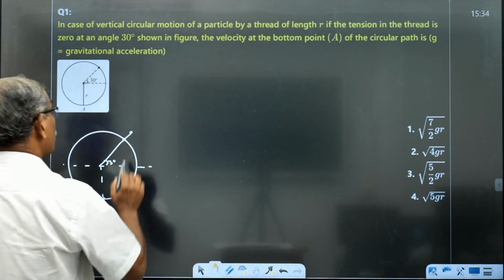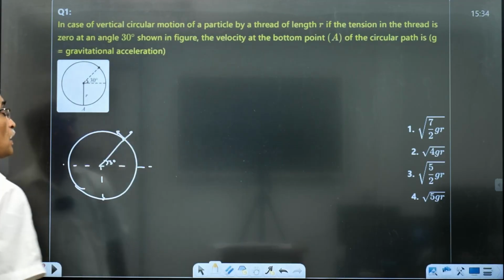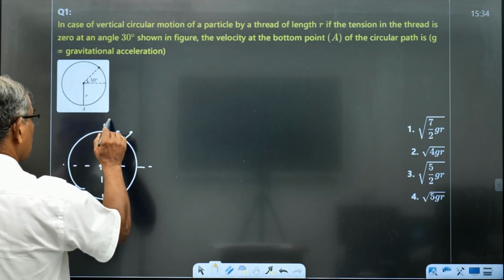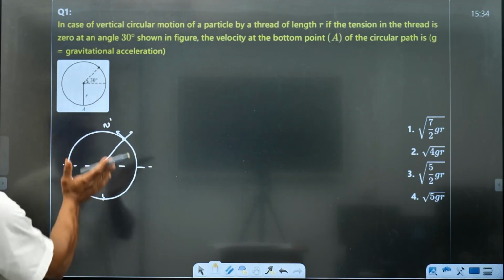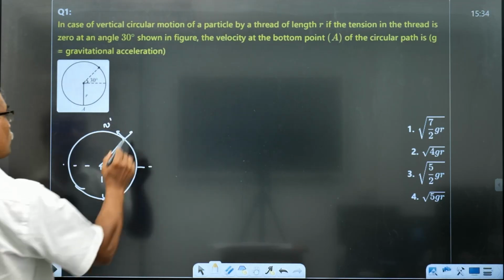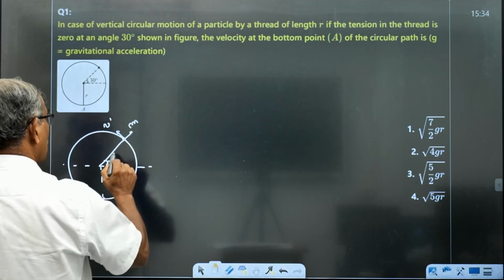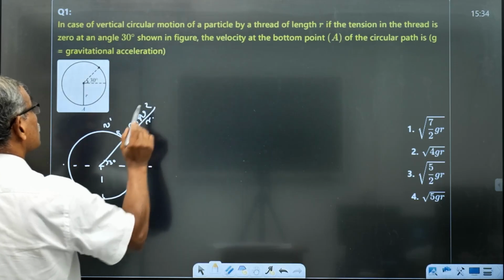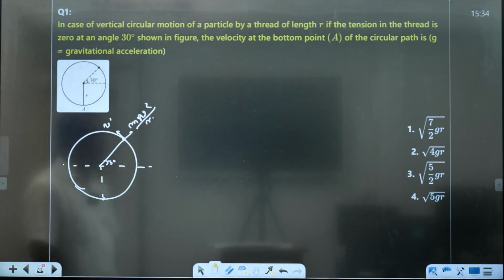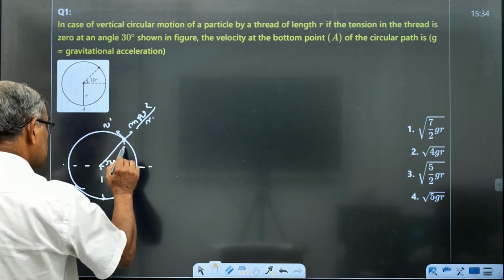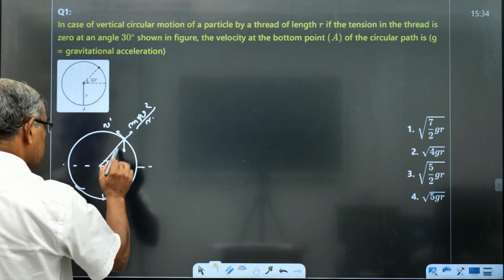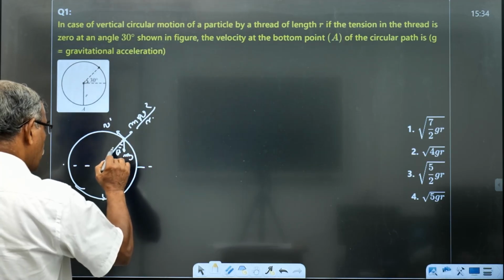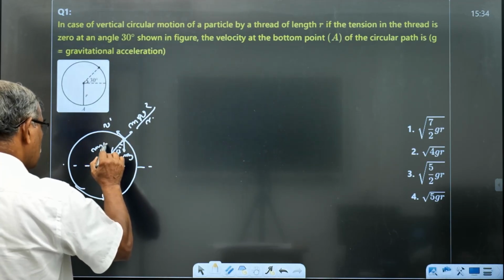Here, if v dash is the velocity here, then the outward force is mv dash squared by r. Suppose this is 30, this is 60, and this is mg. So this component is mg cos 60.